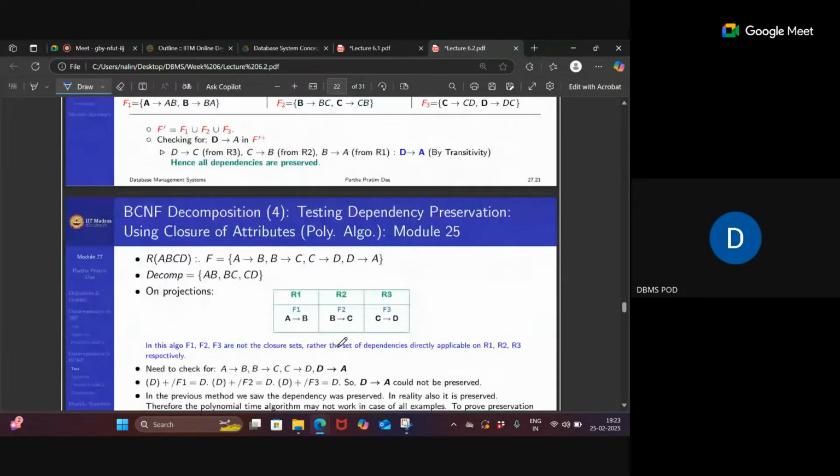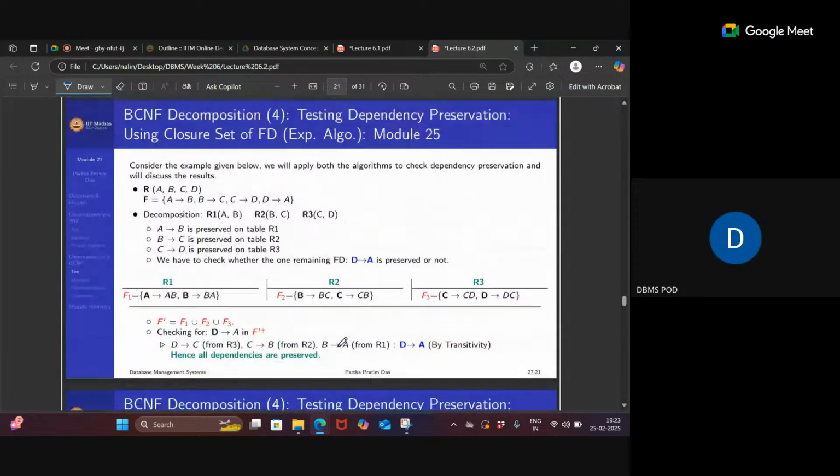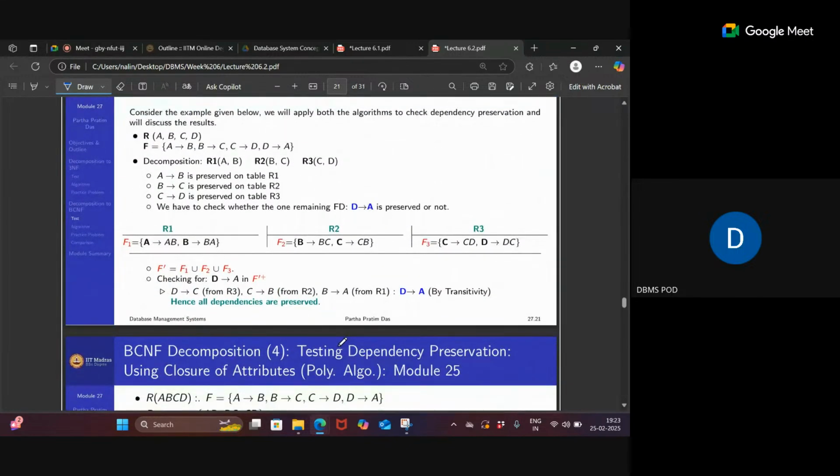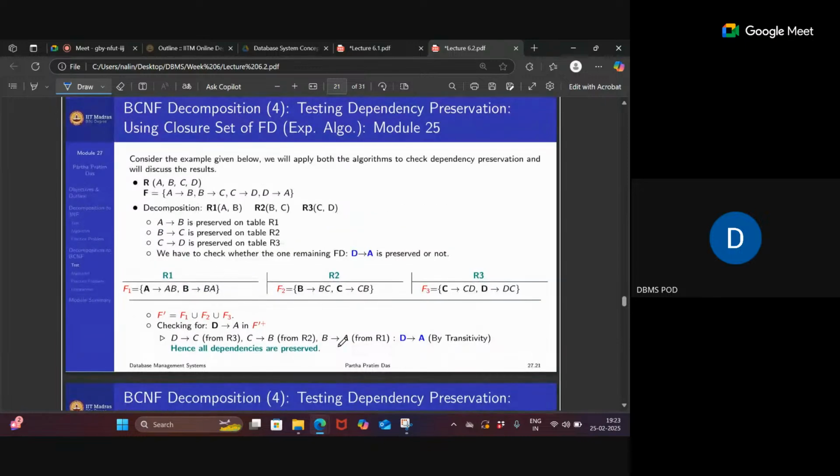You can check whether they are preserving dependencies also. Should I explain the examples or should I tell how to decompose the relations into BCNF? Let's see one example for now. We have relation R here with ABCD and this FD set. What is the primary key here?